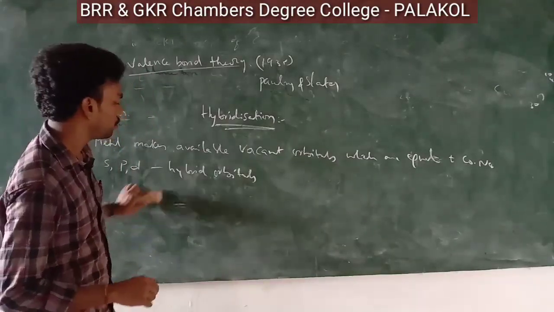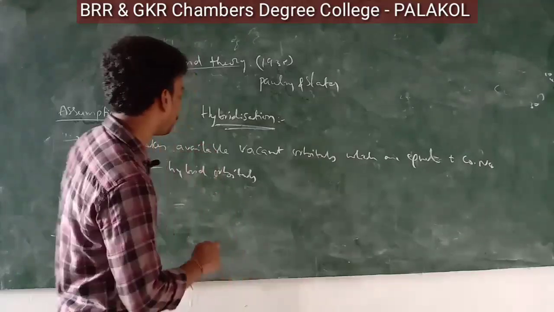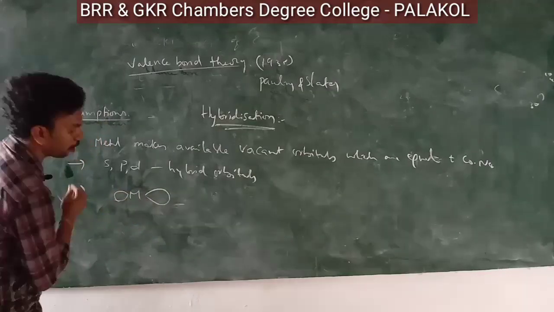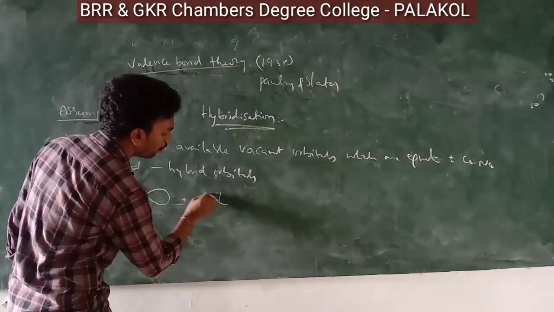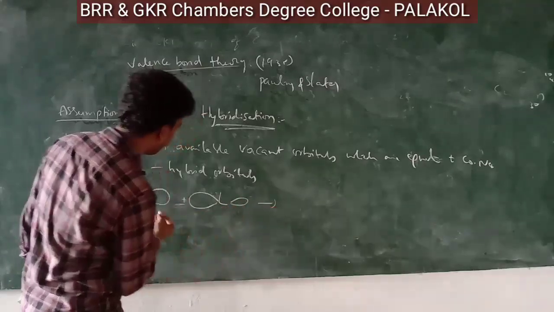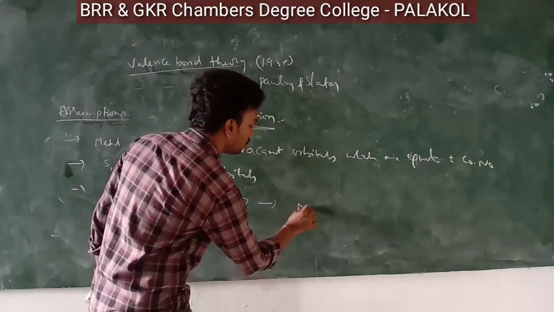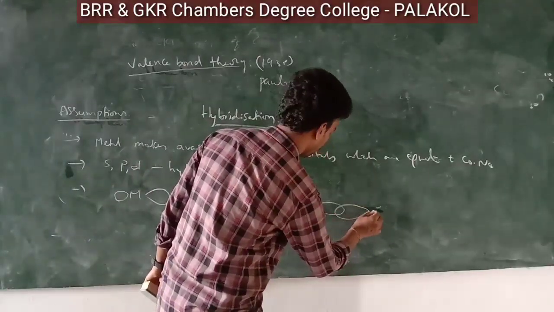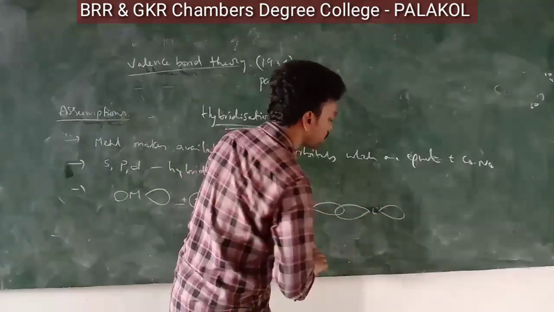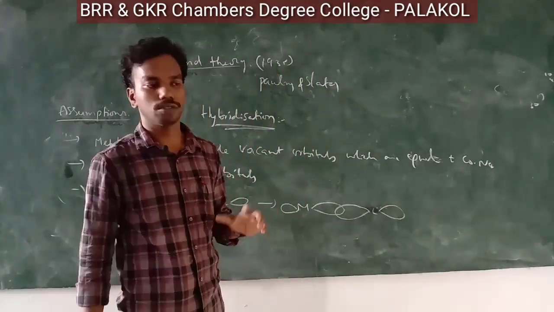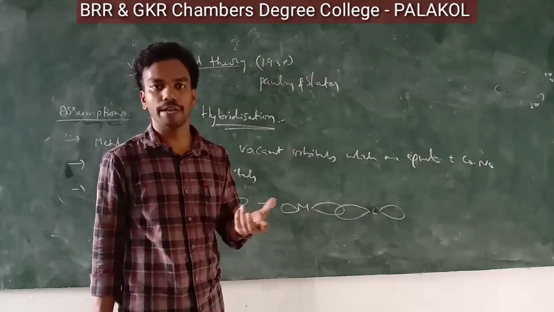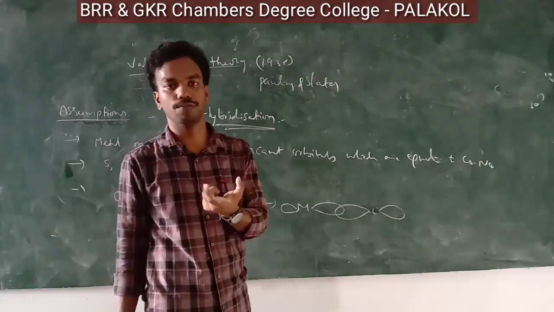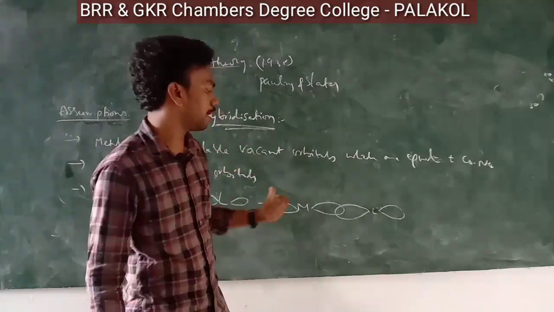Next, the covalent bond is formed by the overlapping of a vacant orbital of the metal and a filled orbital of the ligand. There is a difference between a covalent bond and a coordinate bond. A covalent bond is sharing of electron pairs, where both atoms contribute, each donating one electron to form one bond pair.